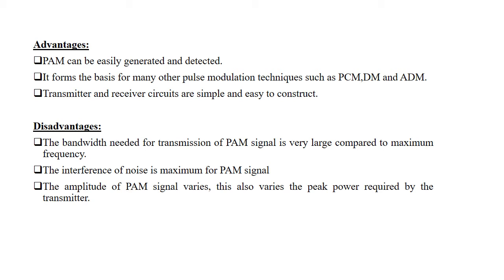Disadvantages: the bandwidth needed for transmission of the PAM signal is very large compared to the signal frequency. The interference of noise is maximum for the PAM signal, and the amplitude of the PAM signal varies, which also varies the peak power required by the transmitter.